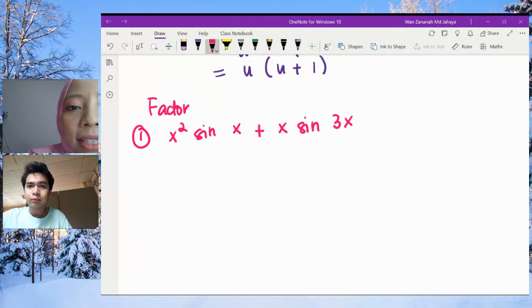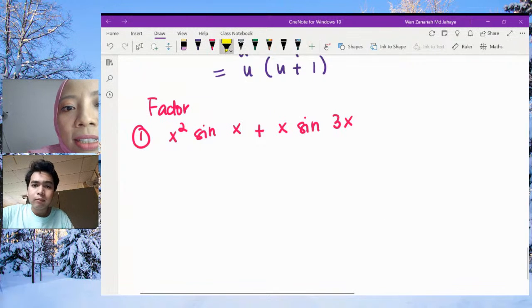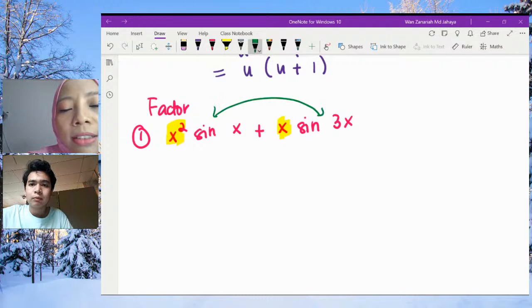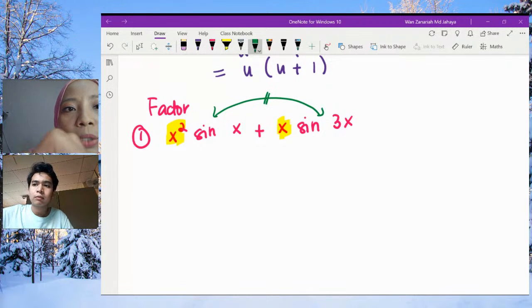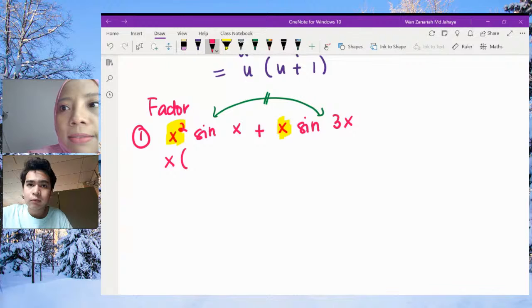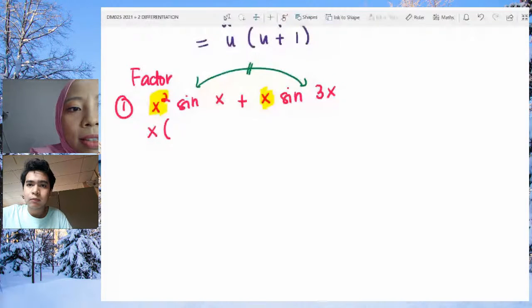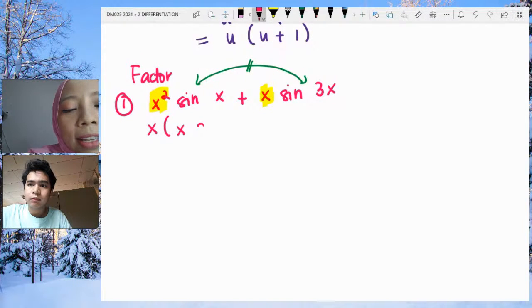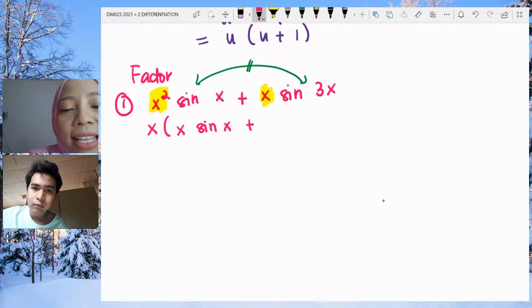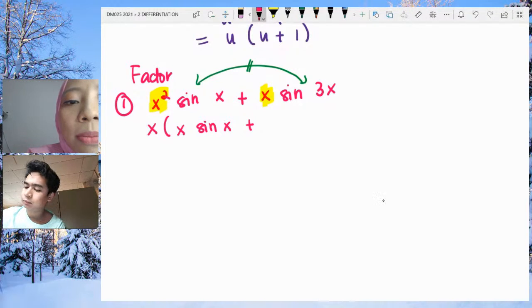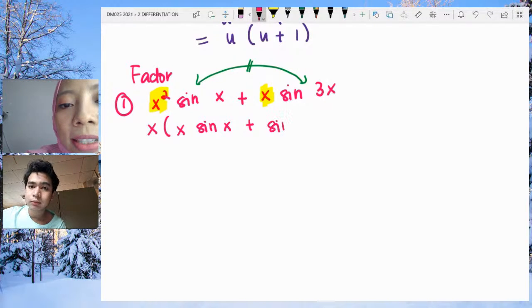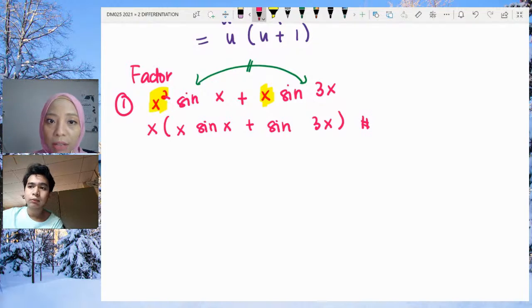So yang you factor adalah x. Ini dengan ini tak sama. So apa yang you akan buat adalah x sin x plus, okay, x has been taken out, so the remaining left is sin 3x. Okay, this is what you can factor.